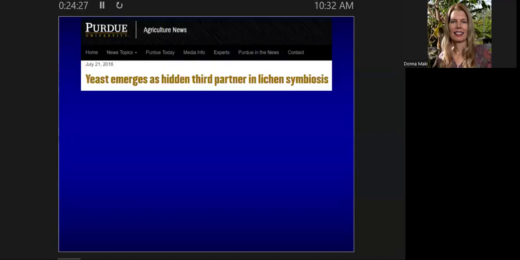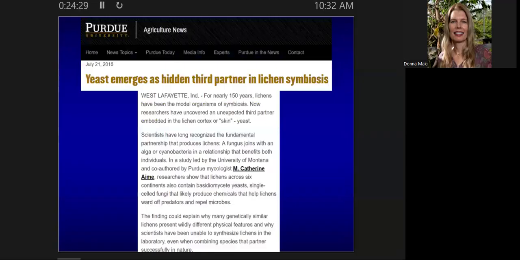And then the yeast I was telling you about was discovered by scientists at Purdue, where they were looking at this confusing lichen behavior, and they were able to figure out that it was actually a yeast involved in it. So they're starting to look for that more carefully with other lichens, and they're starting to see that it's a common thing, that there'll be some yeast showing up.